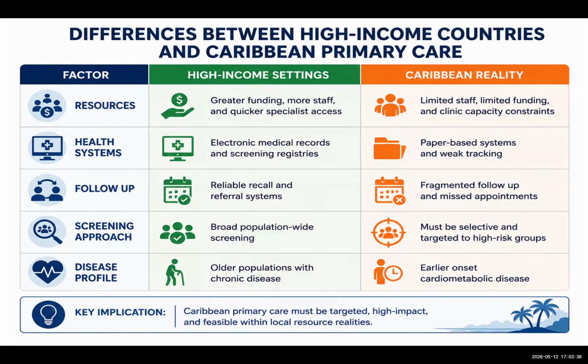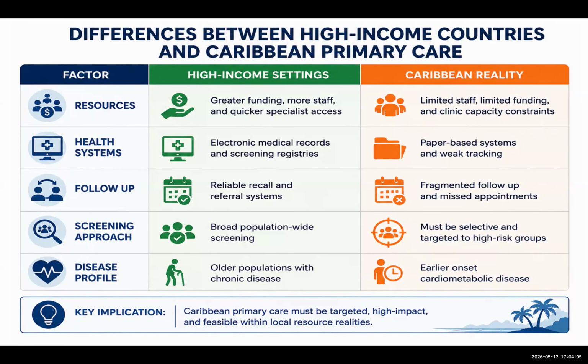and follow-up appointments efficiently. In the Caribbean, many primary care clinics operate with limited staffing, as the previous group discussed, overcrowded clinics, funding constraints, and inconsistent access to investigations or specialist services. In Trinidad and Tobago, we all know paper-based records are still common in a lot of clinics, making long-term tracking of screening and abnormal results more difficult to keep up with.